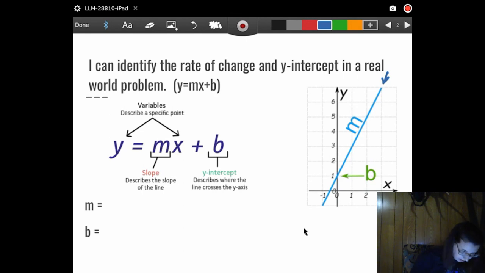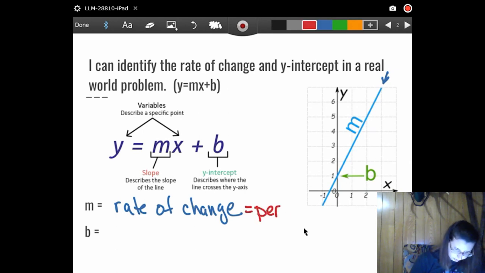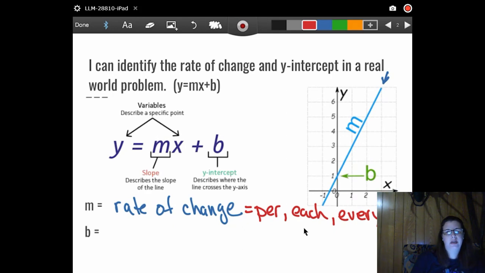Now, slope can also be considered the rate of change. And our rate of change in our equations, we were looking at words such as per and each and every. We're going to get into examples, but per, each, and every are where you're going to see the rate of change. Now, our b is our y-intercept.